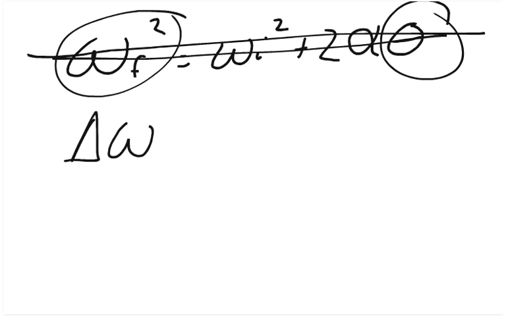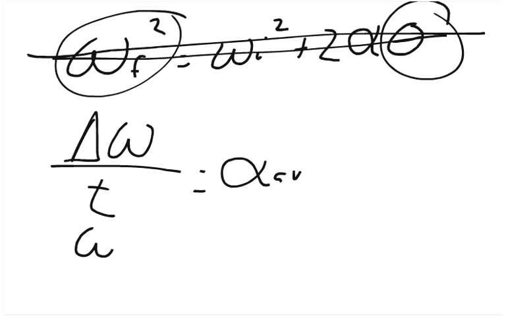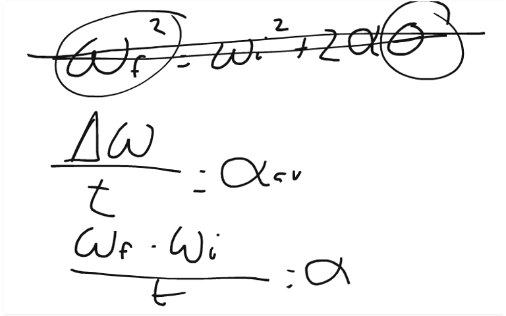The change in angular speed divided by time equals the angular acceleration, so the final minus the initial divided by time equals alpha. Then the final angular speed equals the initial angular speed plus alpha t.